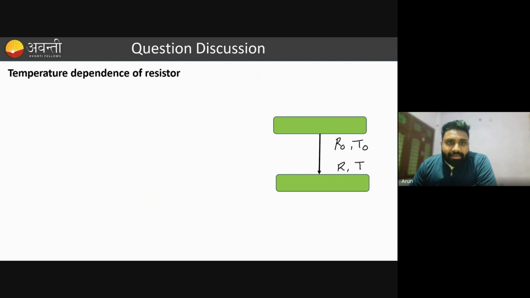Now the temperature dependency of resistance. If you increase the temperature, what will happen? The resistance would increase because the resistivity increases.